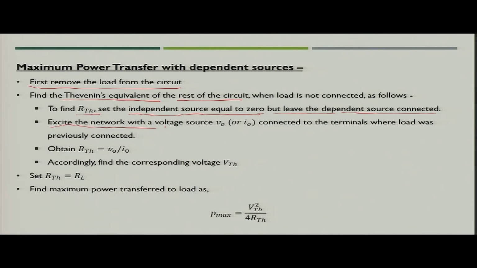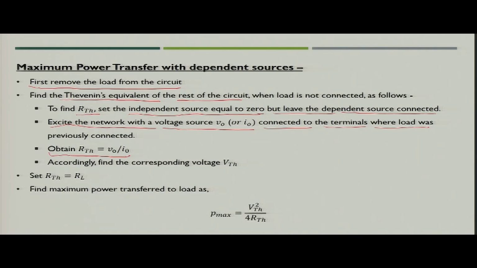Next, you excite the network with a voltage source V naught, or a current source I naught, depending on your convenience in simplifying the circuit. You can use V naught as 1 volt or I naught as 1 ampere, connected to the terminal where the load was previously connected.